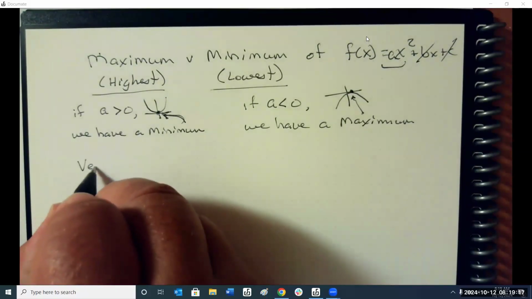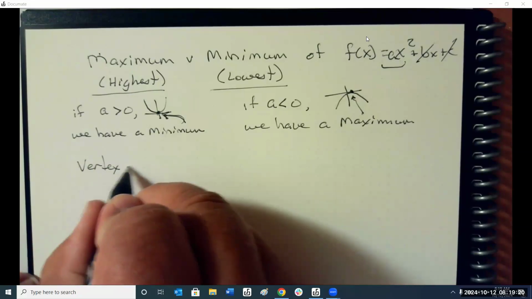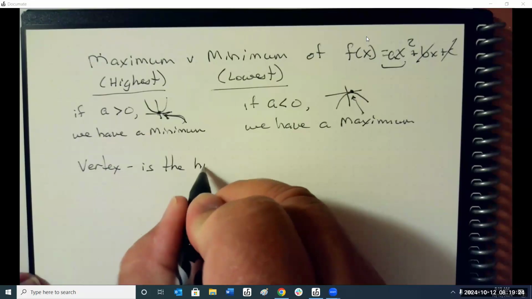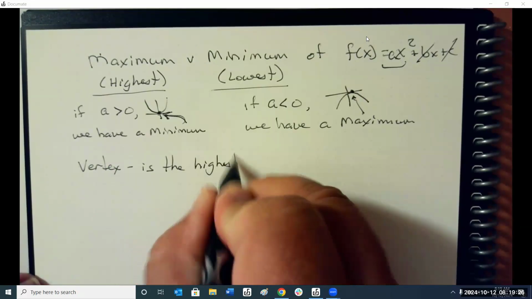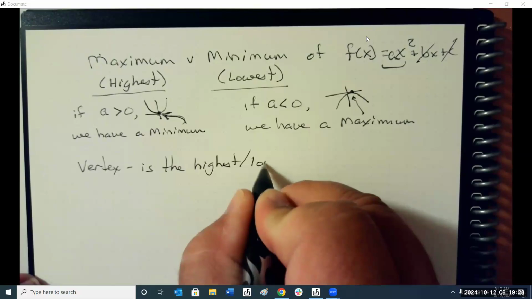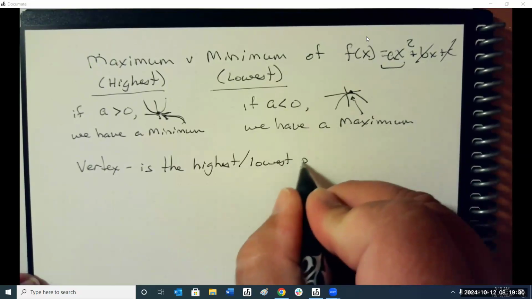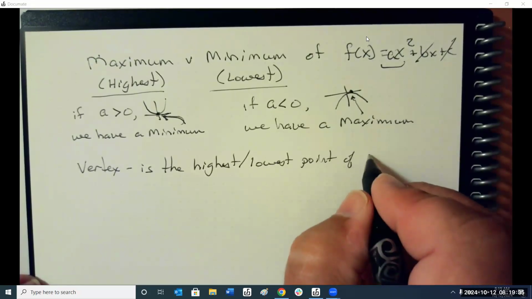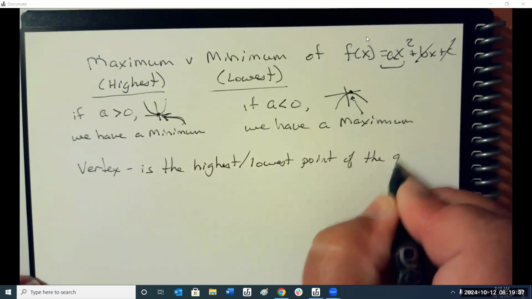And the vertex is the highest or lowest point of the graph.